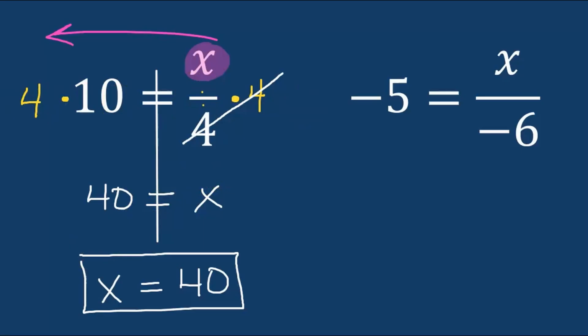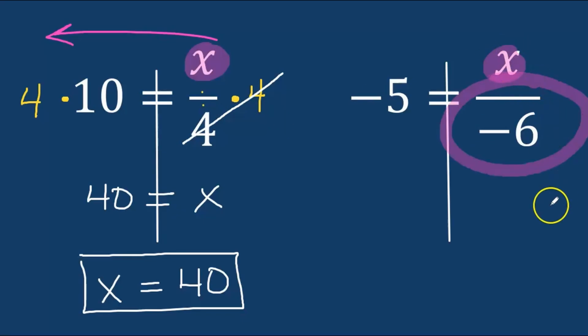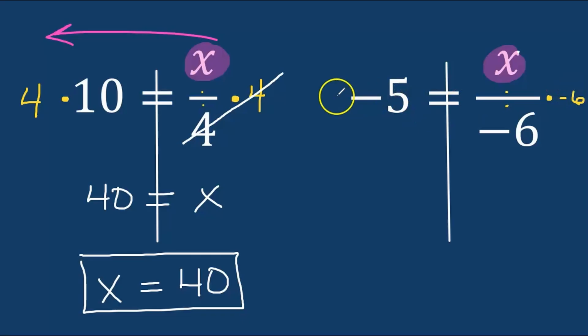All right, one more. Let's anchor down that equal sign just to make sure that we're orienting correctly. That's our middle. No matter how complex it gets, we know that's our middle, that we are getting rid of everything that is on the same side as the x. This is divided by negative 6, so we need to multiply by negative 6.